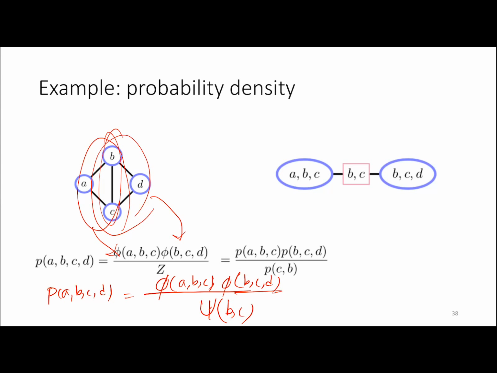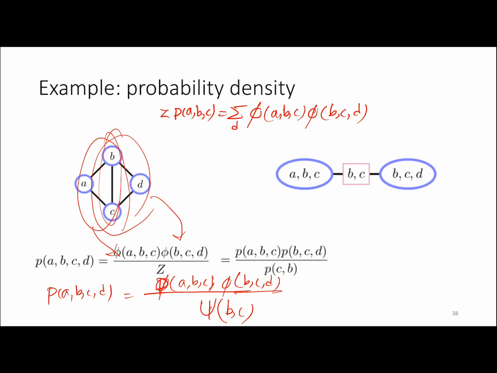Basically, the clique tree of this can be represented this way. Let's say that if I want to represent P(A, B, C), I have to sum over the term D for the joint distribution. So the joint distribution comes as ABC, BCD divided by Z. I'm going to use Z here.